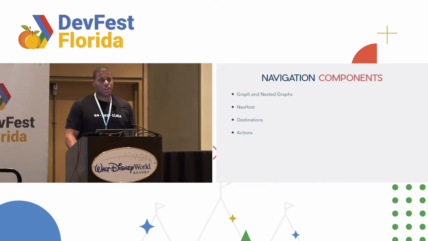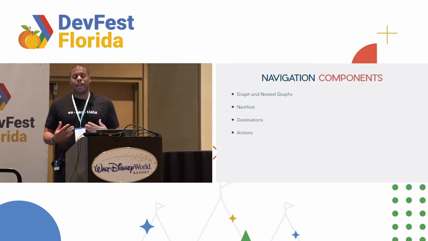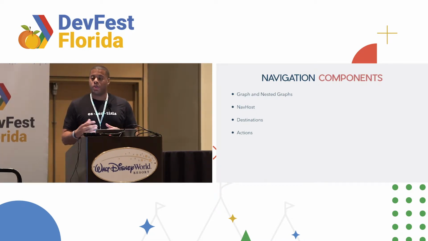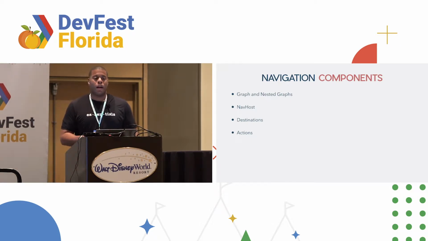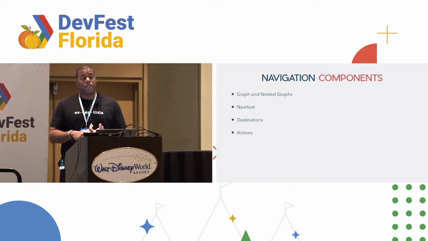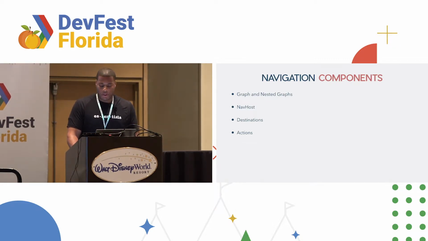You have your destination, which is essentially your view. It can be a fragment or it can be an activity. And you have actions. I like to think of actions as a bridge to your different destinations. This bridge can carry along data. You can provide behaviors for your actions. I'll go over a lot of these during the demo section and the following slides.